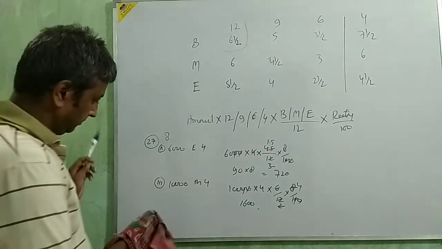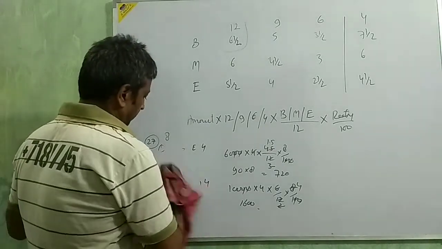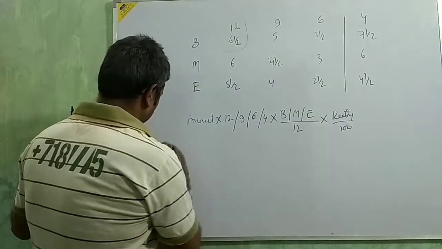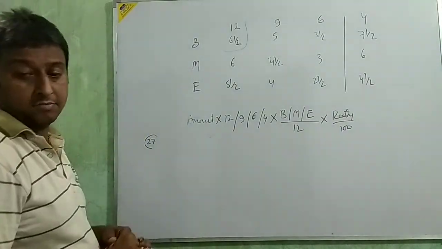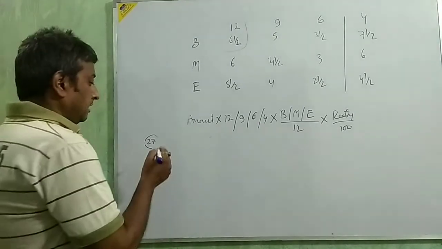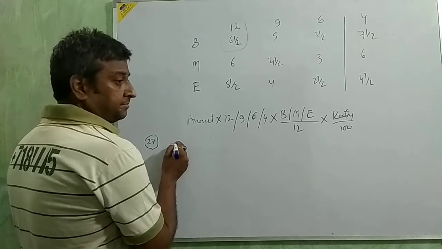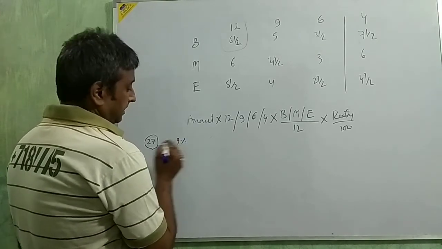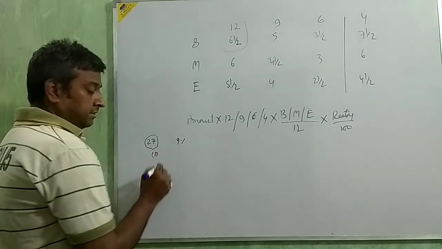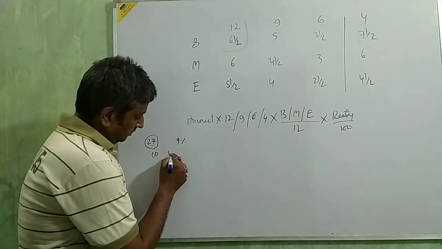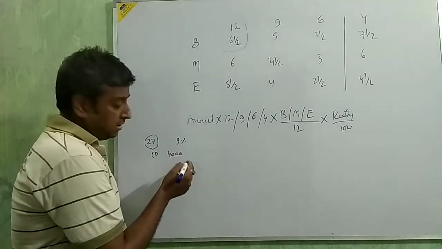Calculate the interest on drawing of Shah Ganesh at 9% per annum for the year ended 31st March 2016 in each of the following alternative cases. Shah Ganesh's interest rate is 9%. Case 1: if he withdrew 4,000 per month in the beginning of every month.